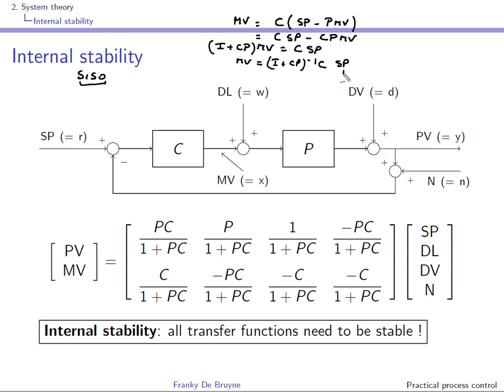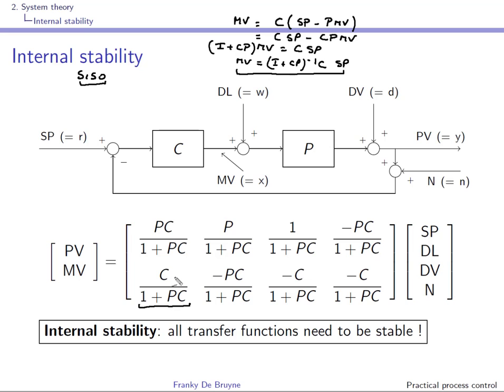Okay, so in the multivariable case you would have something like this. Of course, you cannot interchange and replace CP by PC in the multivariable case. You can in the SISO case, and this is why this becomes C over 1 plus PC in the single input, single output case.